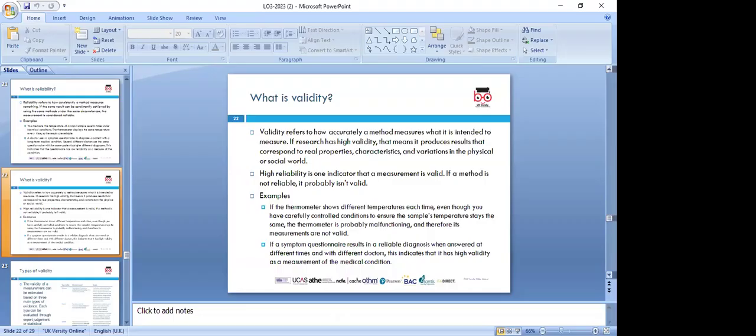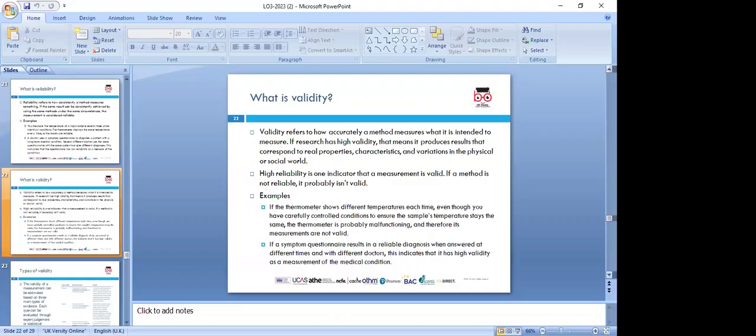So let's give an example to that as well. Per the writing, it says, if a thermometer shows different temperatures each time, even though you have carefully controlled conditions to ensure the sample temperature stays the same, the thermometer is probably malfunctioning. That's true, and therefore its measurements are not valid, because the thermometer is malfunctioning, its result cannot be valid.